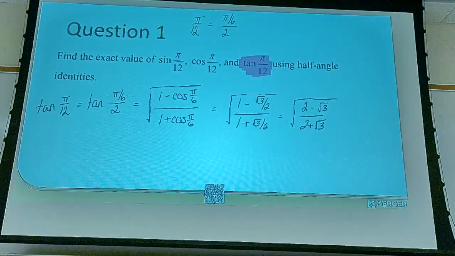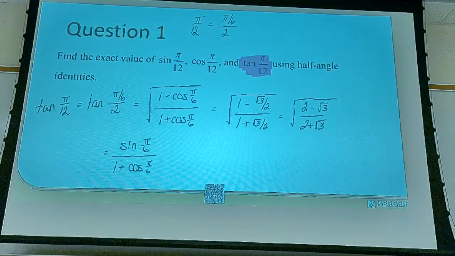Or we said it was sine of theta over 1 plus cosine of theta. So when it's saying cosine pi over 6, you go to the unit circle and you find pi over 6, and then the cosine value, that was going to be the top. Then on the unit circle, you go to pi over 6 and find sine.